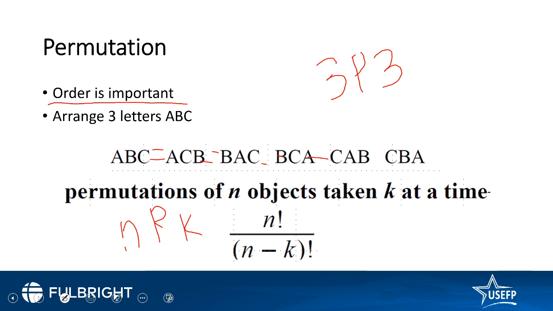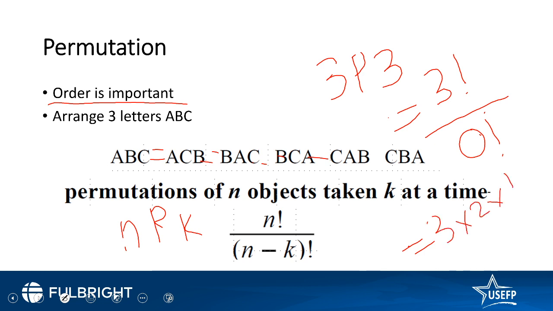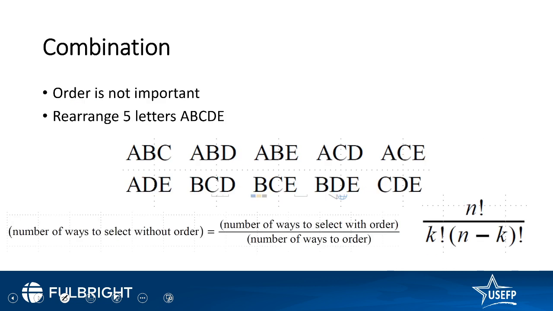So 3P3 equals 3 factorial over (n minus k) factorial, which is 3 minus 3, that is 0 factorial. 0 factorial equals 1. And 3 factorial equals 3 into 2 into 1. So the answer is 6. So this is the permutation.